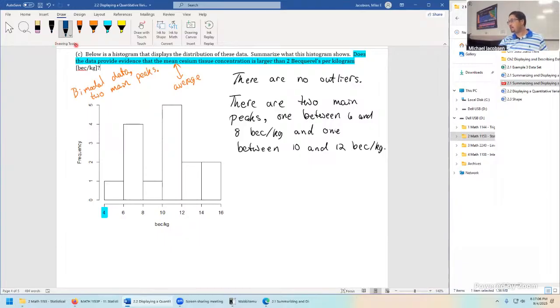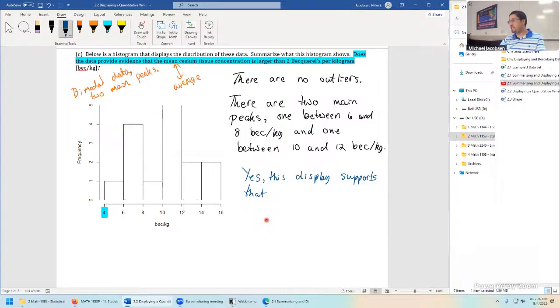Let's just say, yes, this display supports that the sample has more than 2 becquerels per kilogram, but what we're really trying to talk about is the population. So let's say it this way.